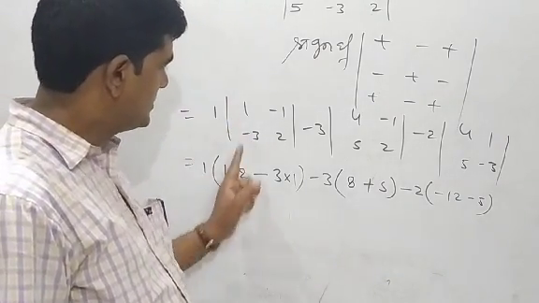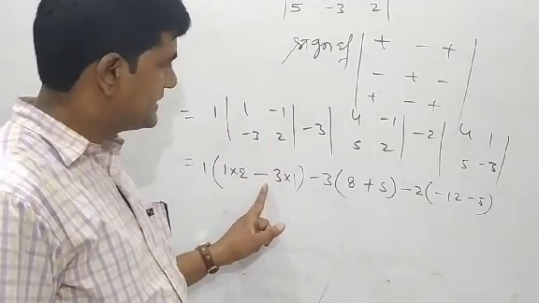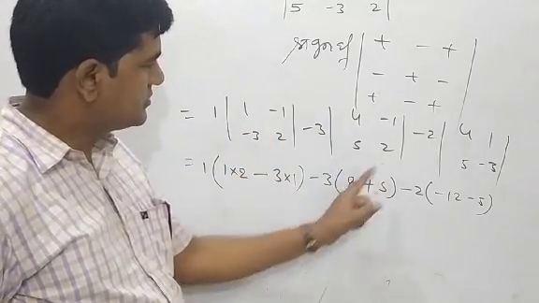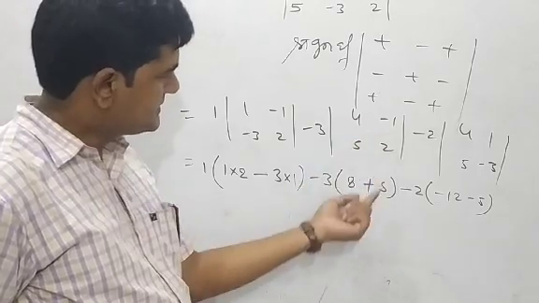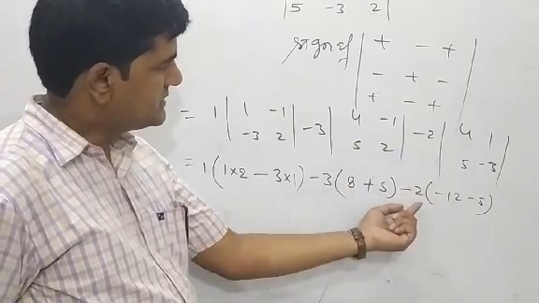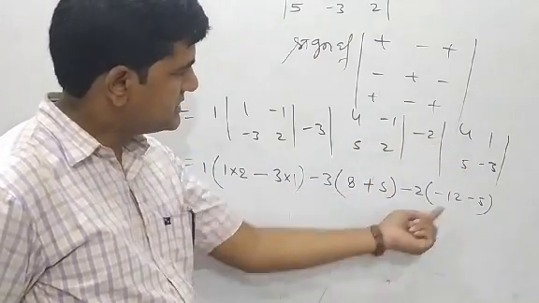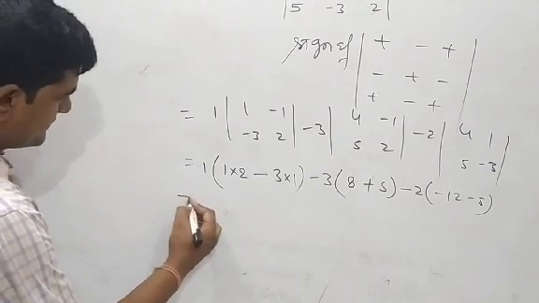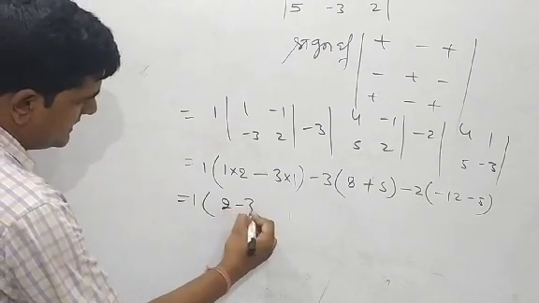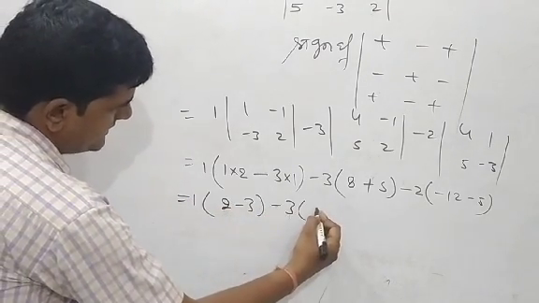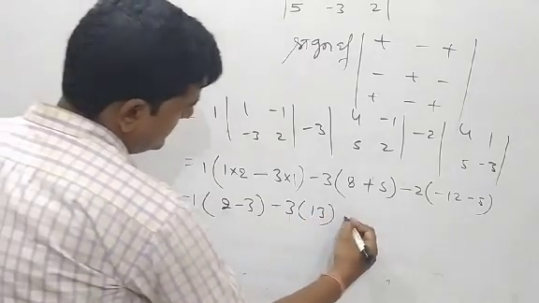1 into 2 is 2, minus plus into minus sign, minus 3, 4 into 2 is 8, minus plus 5 into 1 is 5, minus 2, 4 into minus 3 is minus 12, and minus 5. 1 into 2 minus 3, and 8 plus 5 what? 13.